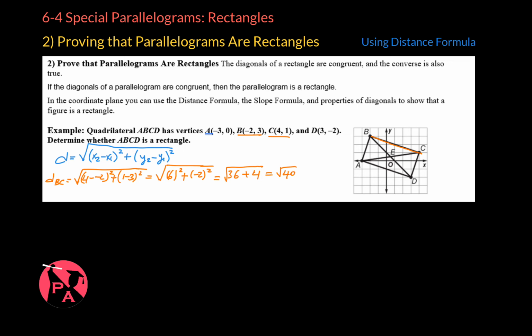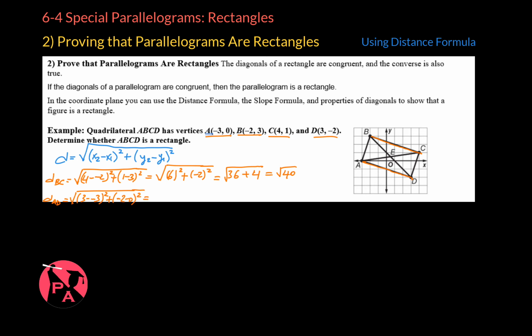Now we are going to do a distance for its opposite side, AD. They must be the same. Distance from point A to D must be the same as BC. So let's do this one, AD. The first and the last point, subtract the x values, 3 minus negative 3 squared plus negative 2 minus 0 squared.